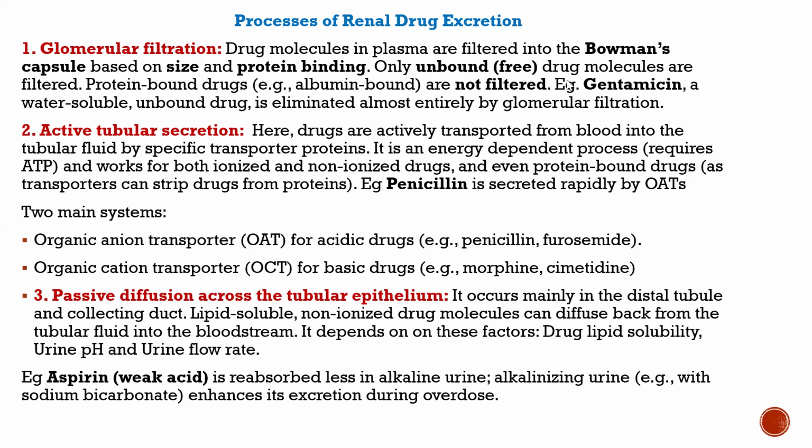For example, gentamicin, a water-soluble unbound drug, is eliminated almost entirely by glomerular filtration. Most drugs that are free are filtered and eliminated through this process, but those that are protein-bound, for example albumin-bound, are not filtered.